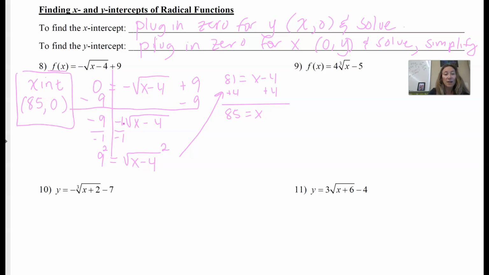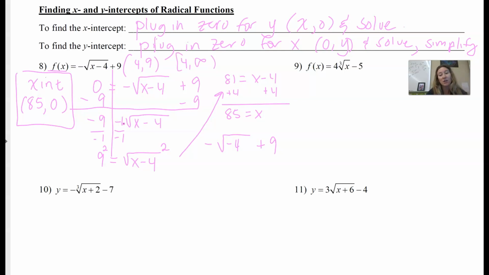Simplifying the y-intercept, I've got negative rad, plugging in 0 for x, it's negative 4 in the radical plus 9. Keep in mind this one would have a domain of 4 to infinity because the h, k would be 4, comma 9. And so the domain is 4 to infinity, and that does not include 0.